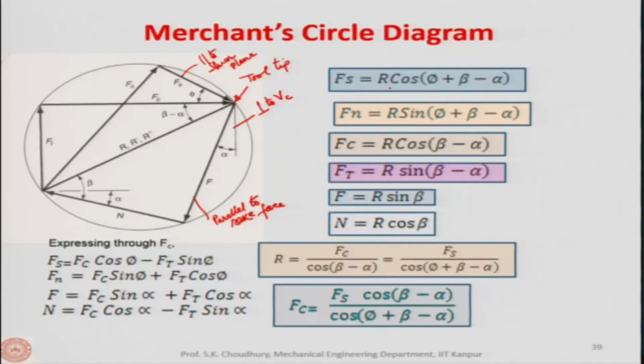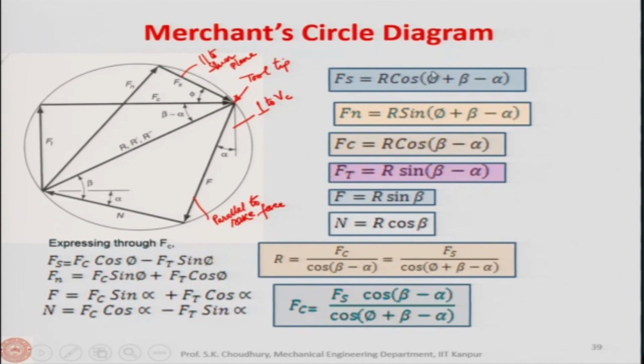In this slide, whatever way we have expressed Fs, Fn, F and N, this can be translated through Fc and Ft. Of course, if you open it up, this will be cos phi cos alpha plus sin phi sin alpha, and R sin of beta minus alpha is Ft. You can put this value in here, and finally you get that Fs can also be expressed through Fc and Ft as Fc cos phi minus Ft sin phi.